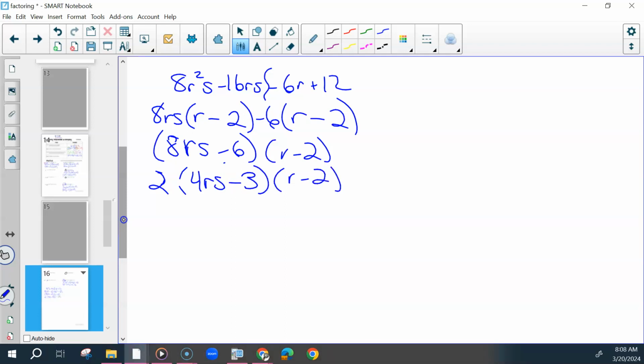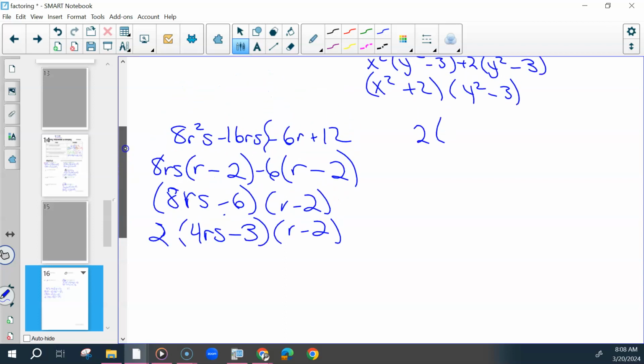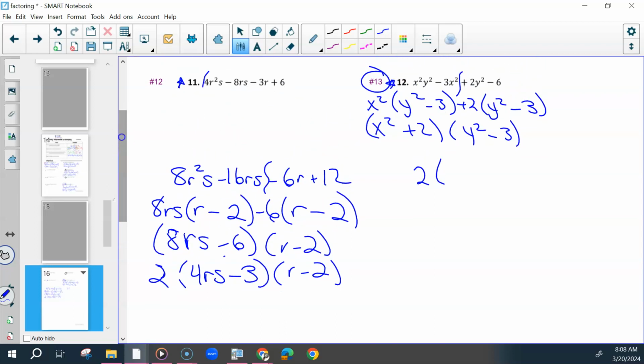Now these are prime. So you could do this at the beginning or at the end. So at the end I see this is not prime, I have to factor it out again. But I also see at the beginning, I could have divided each of these by 2. If we had done that, it would have made this simpler. It would have actually just reverted back to this. And then you would just do the grouping with this and keep bringing down that 2 on the outside. So you could either do that first or do it at the end. It has to be done eventually.